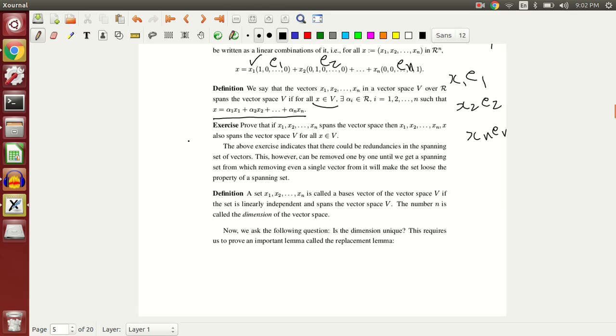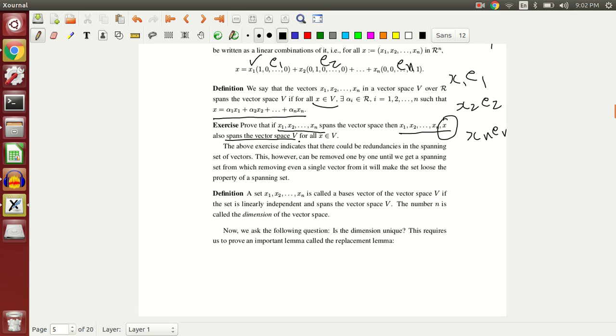The exercise is pretty simple. Assuming you have a set of vectors which span the vector space, you add something to this list which also spans the vector space V for all x belonging to V.